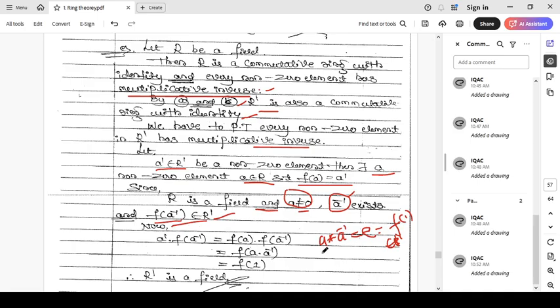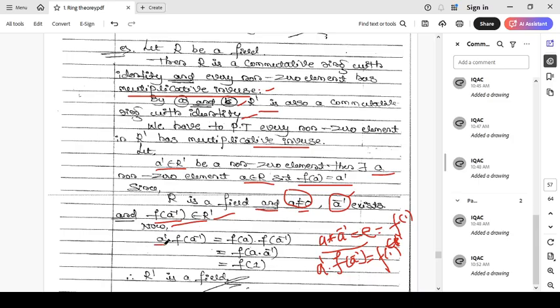So we need to show that, instead of a we take A dash, which belongs to R dash, and a inverse is our f of a inverse. So if I show that f of a into f of a inverse equals e, which is f of 1, then this condition is over.